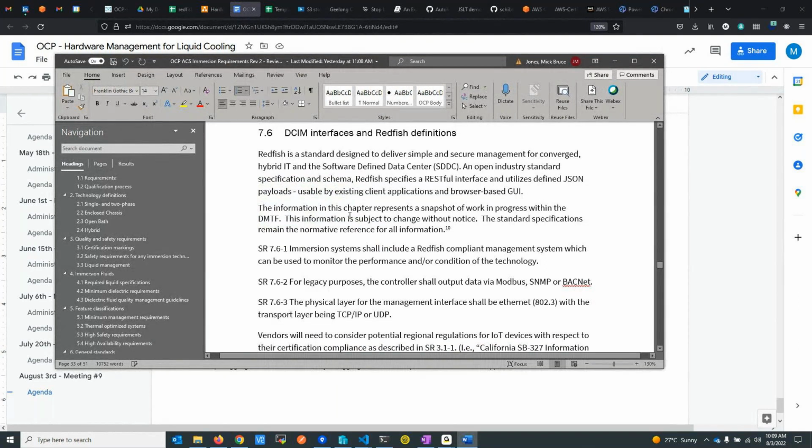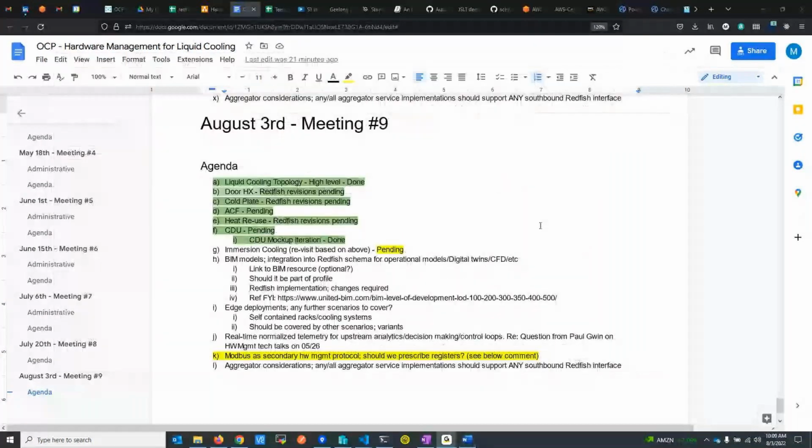What I've done here is I've taken the contents of 7.6 in this document and put it out into the diagram. We'll go through that and check if anything's changed given what we've been through in the last few months.